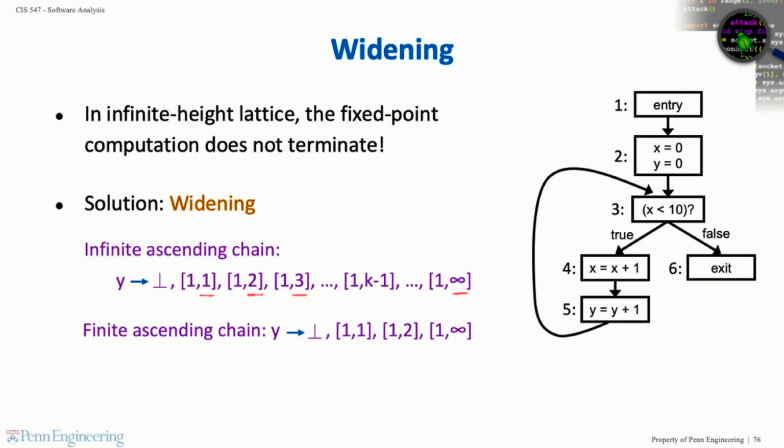Thus, we will have the new chain: bottom, the interval 1 to 1, the interval 1 to 2, and the interval 1 to infinity, at which point it has already converged. You can return to our example and convince yourself that using this solution would obtain the same result as the infinitieth iteration at the end of the fourth iteration.